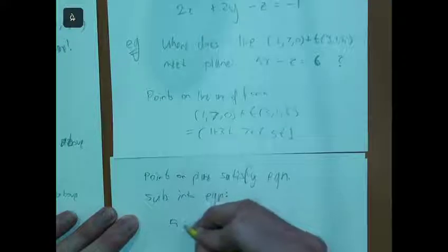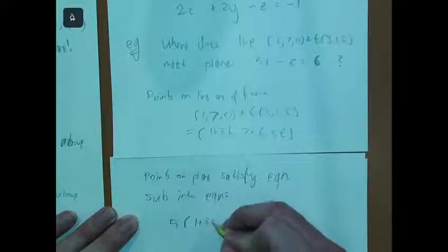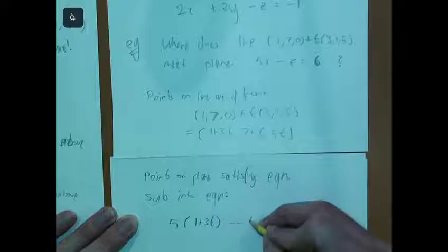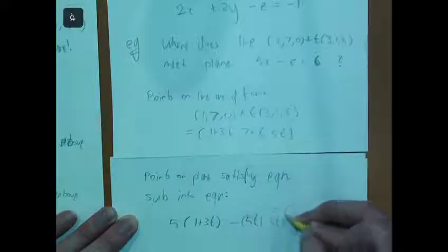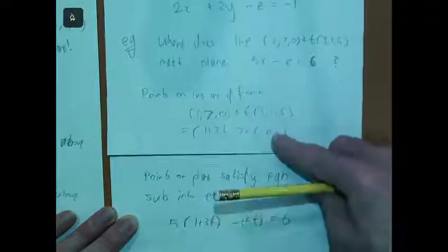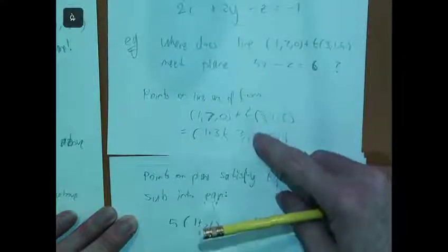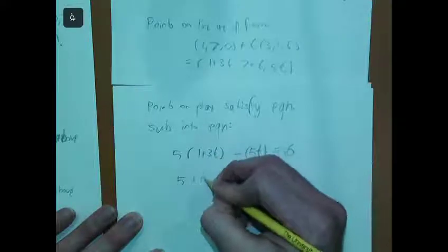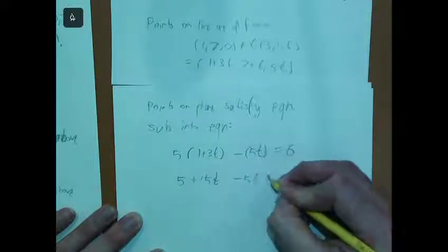So I've got 5 times x, which is 1 plus 3t, minus z, which is 5t, must be equal to 6. If this point is on that plane, then when I sub this into there, it'll work. And so I get 5 plus 15t minus 5t equals 6.